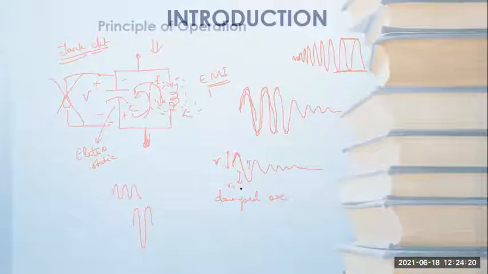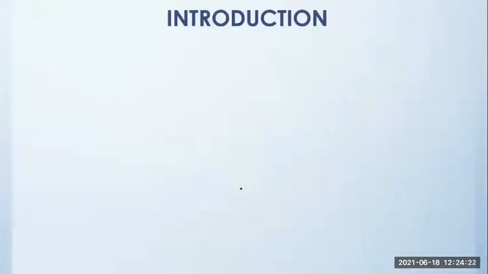Is this concept clear? So basically for LC oscillators, whenever there are inductance and capacitance in an oscillator circuit, it will always use the principle of tank circuit for generating sinusoidal oscillations.